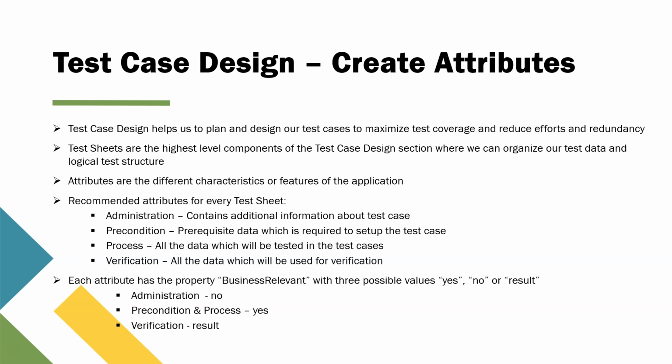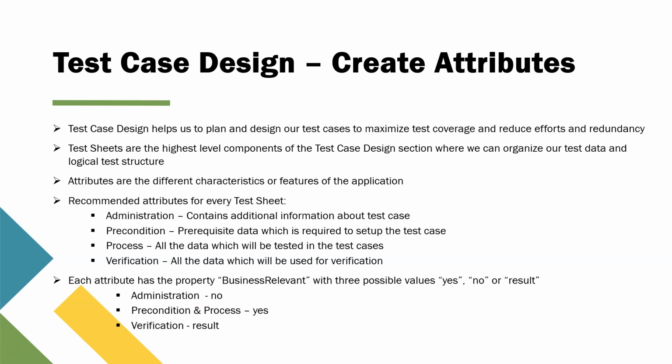So the business relevant should be set to yes. And similarly, verification will be used for verifying the data of our test cases. So it will fall under business relevant result. Okay, so it will verify the result of our test cases.